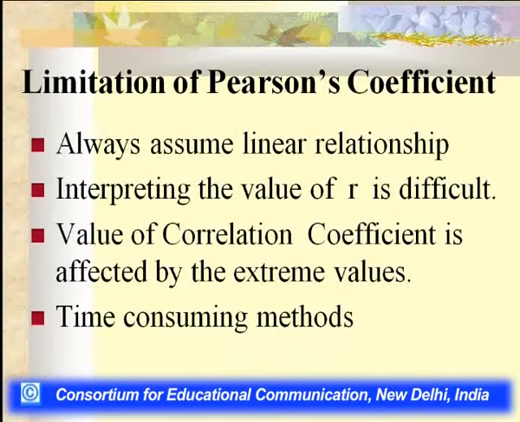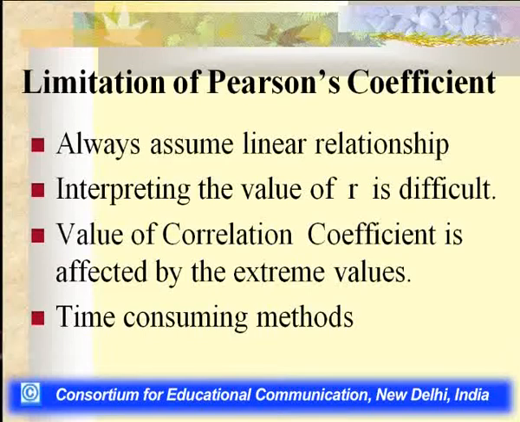The limitations of Pearson's coefficient: first, it always assumes a linear relationship. Number 2, interpreting the value of R is difficult. Third, the value of the coefficient of correlation is affected by extreme values. And number 4, it is a very time consuming method.